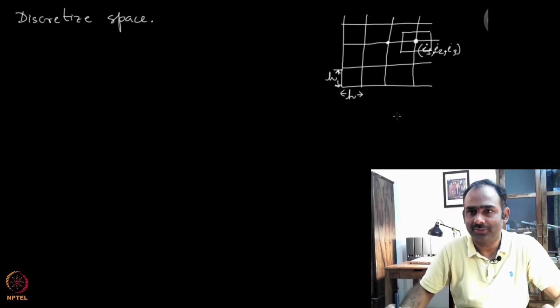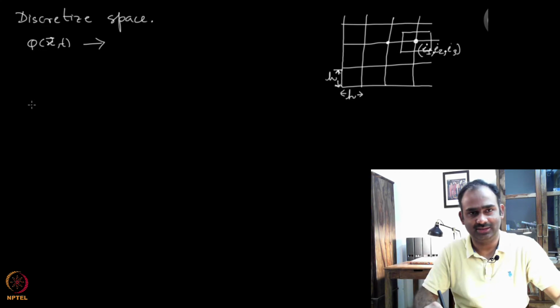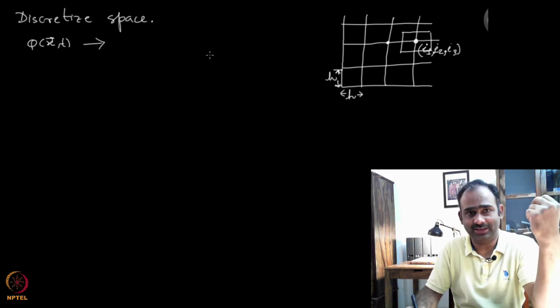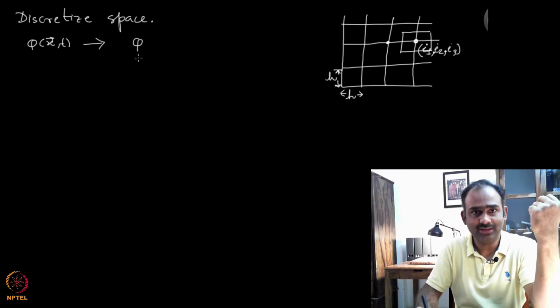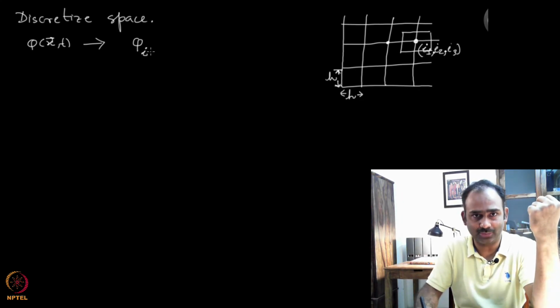Now if you look at phi of x and t, it means the field at point x, and when you have discretized the space that becomes the field phi at the point labeled I1, I2, I3, and of course it's a function of time.